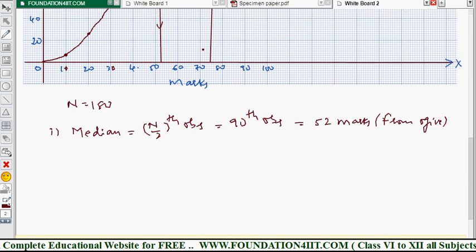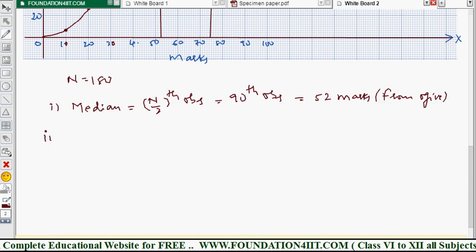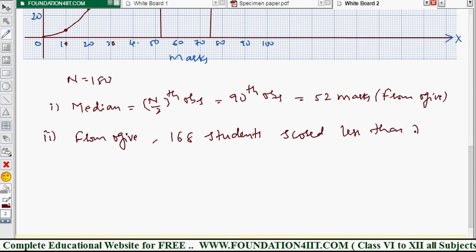Okay, then we can write. From the ogive, from 75, it takes a straight line. It touched the y-axis at 168. That means 168 students scored less than 75% marks.